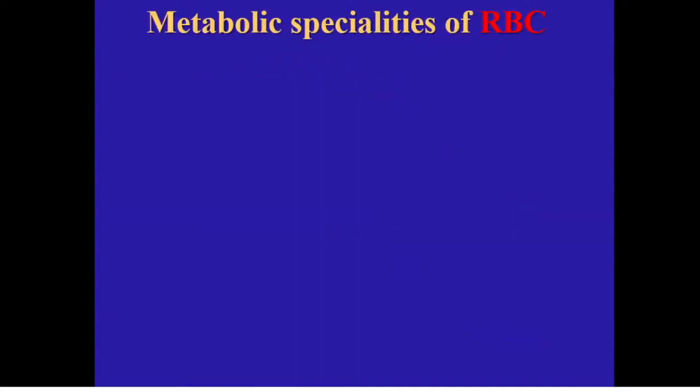And let's discuss red blood cells and their function. At first we need to discuss the metabolic specialties of red blood cells. You know that in matured erythrocytes there are not many organelles.